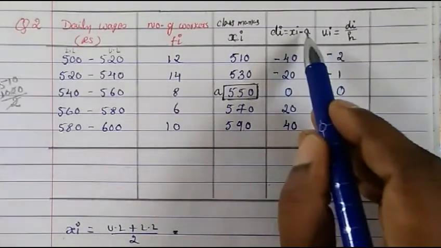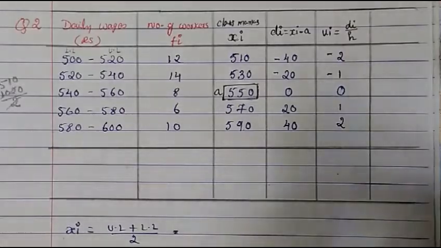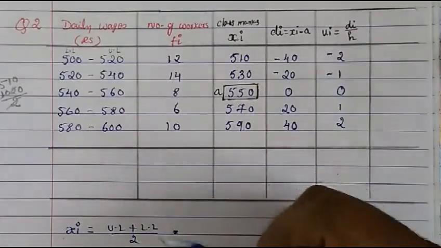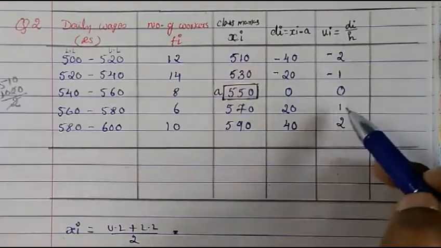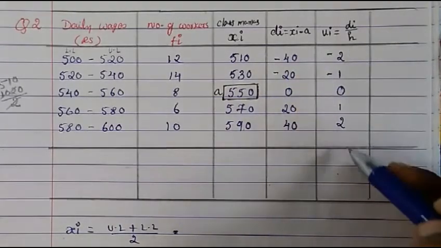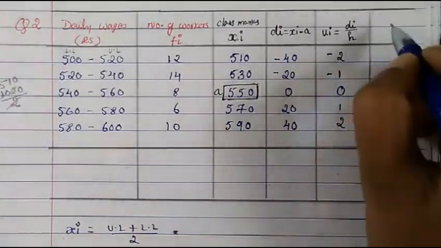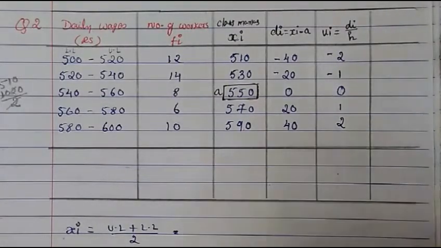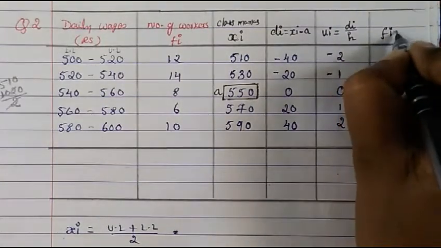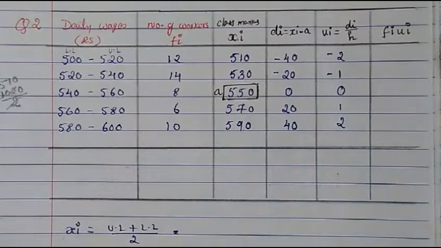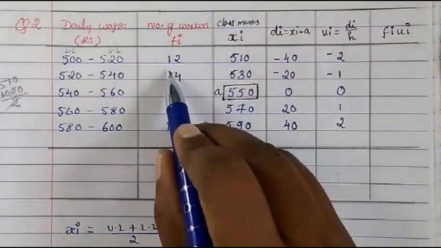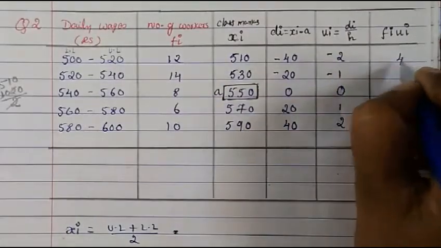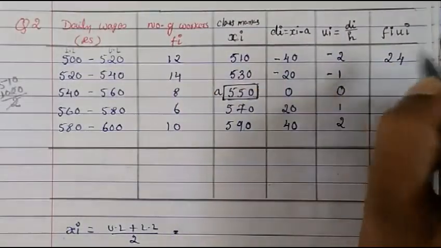Here also no need to do any calculation. That's why I go with the step deviation method. Just knowing the class interval is enough. Just put the tables of class interval under di. Here just put the 1, 2, 3. So ui is over. Now we have to write down fi and ui. Fi is 12. Ui is 2. So calculate. 2 2s are 4. 1, 2, 2.